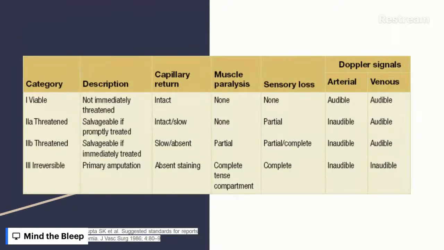So this is the Rutherford classification for classifying acute limb ischemia. Essentially what vascular surgeons want to know is, is it viable? Is it threatened, or is it irreversible?